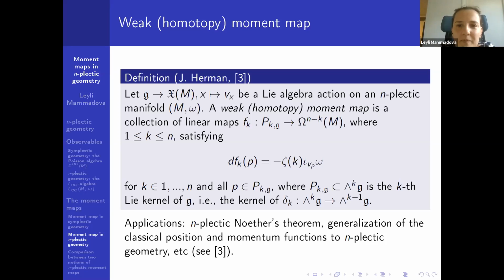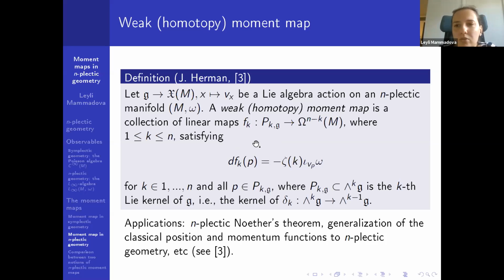A simplest example of a weak homotopy moment map is already in symplectic geometry, because in symplectic geometry this means that you have just a non-equivariant moment map. So let's say you have a Lie algebra for which the first Lie algebra cohomology vanishes, and let's say you have an equivariant moment map for that, and then you just alter the moment map by adding a constant.